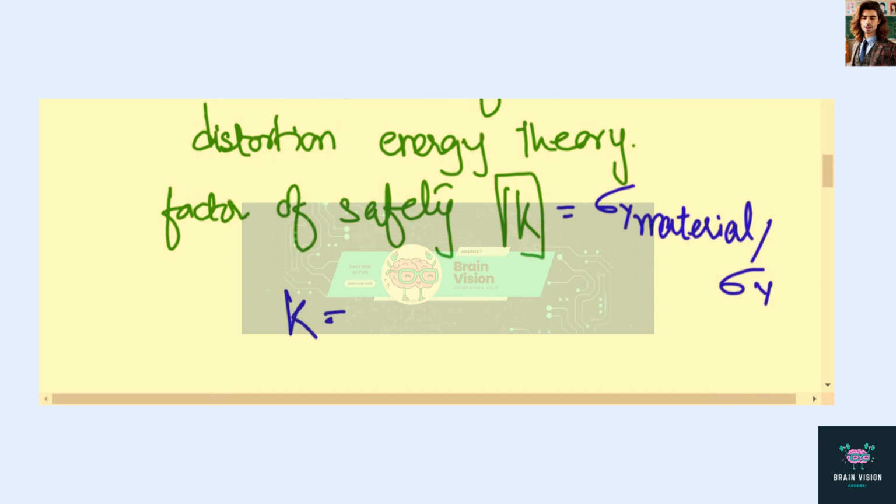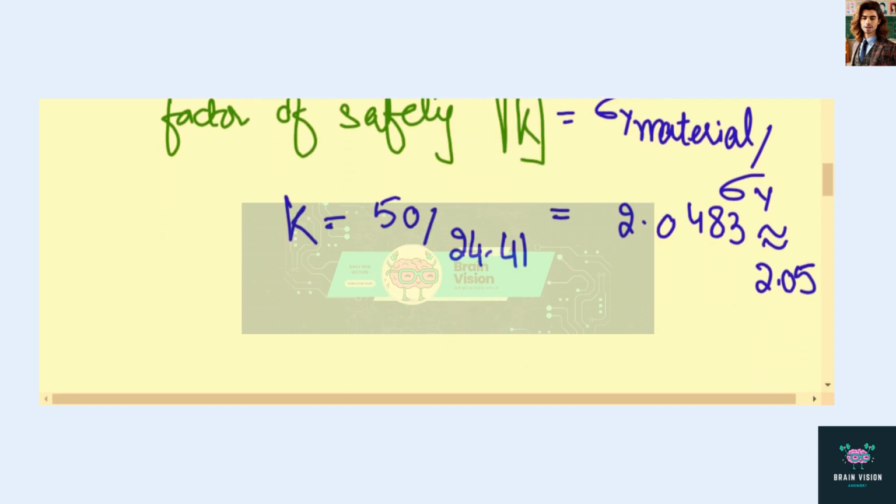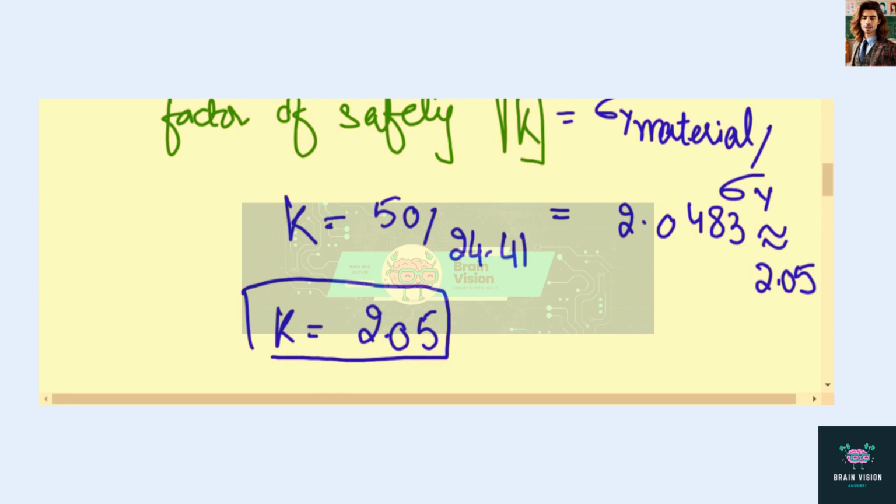So K is equal to 50 divided by 24.41, and that is equal to 2.0483, approximately equal to 2.05. So I can say that the factor of safety is 2.05. This concludes our answer for this part, and this is your whole solution.